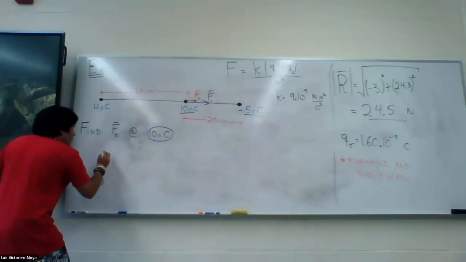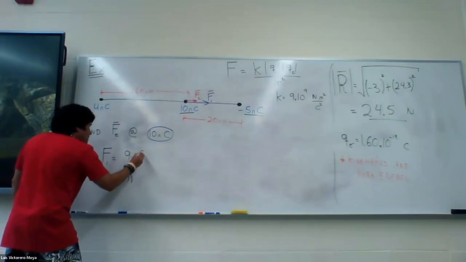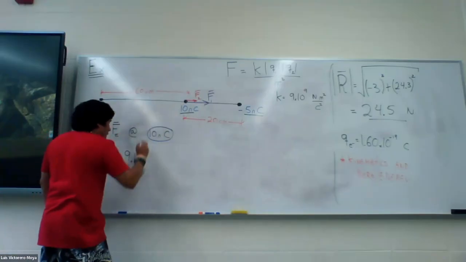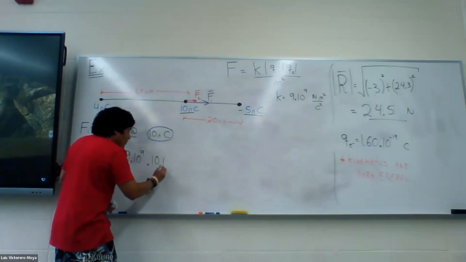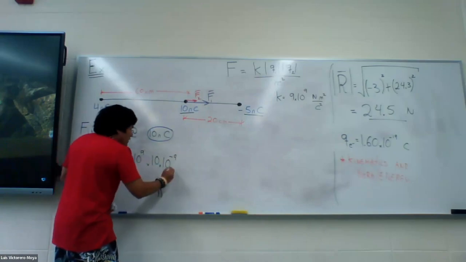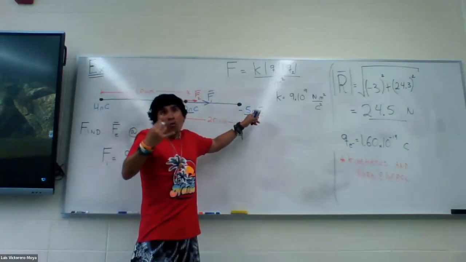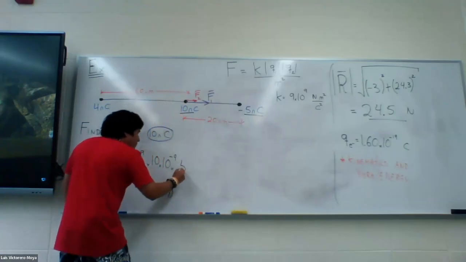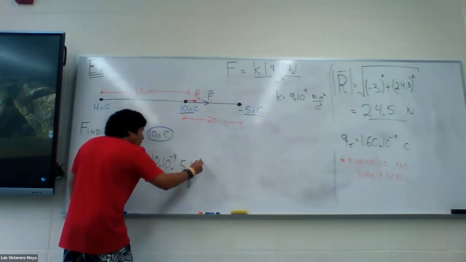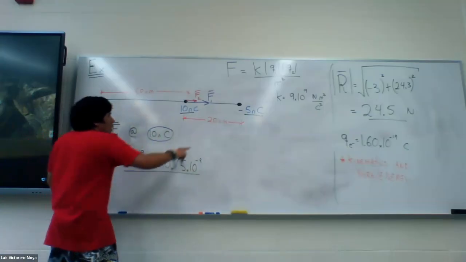So F1 is K, that's K, Q1 times 10 nanocoulombs times Q2, absolute value of negative 5, which is 5 nanocoulombs, 5 times 10 to the negative 9, divided by the distance squared. And what's the distance? 20 centimeters.